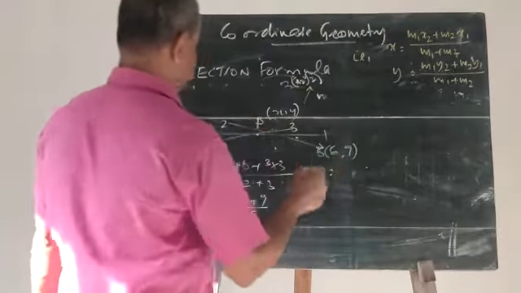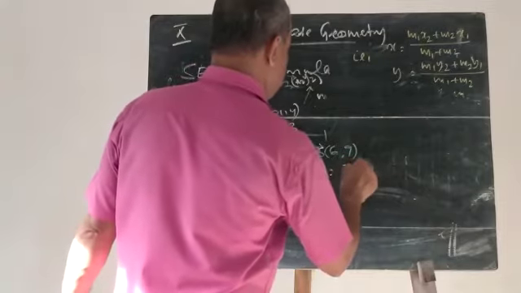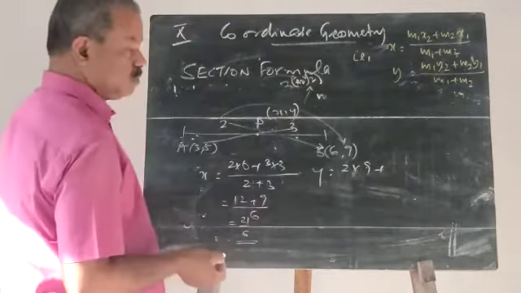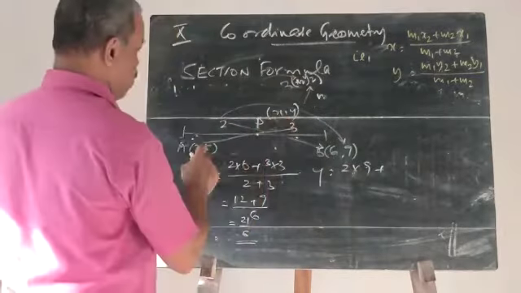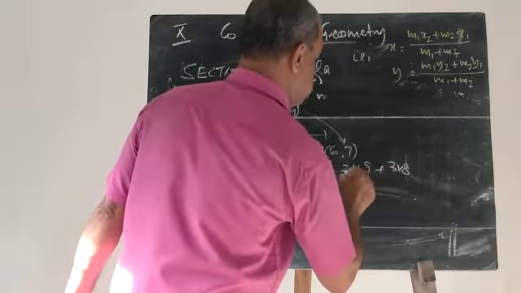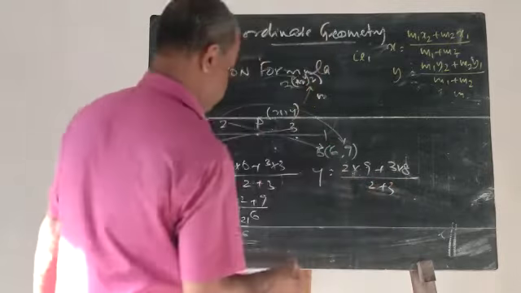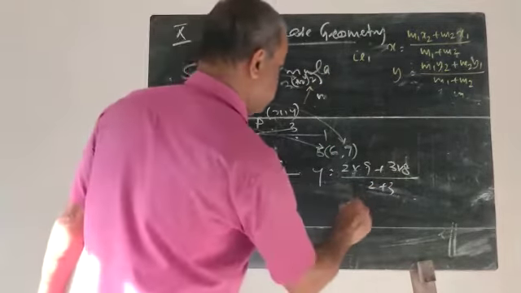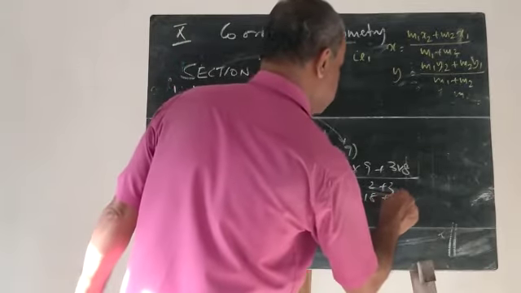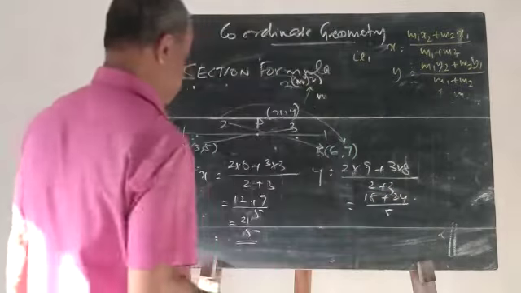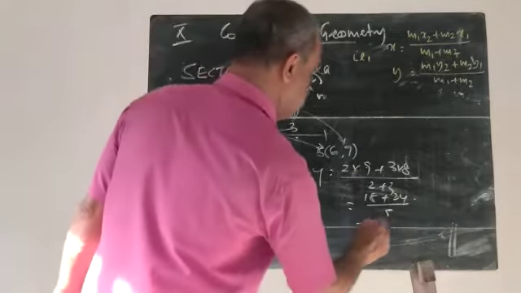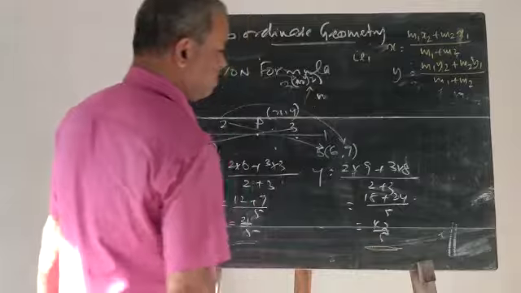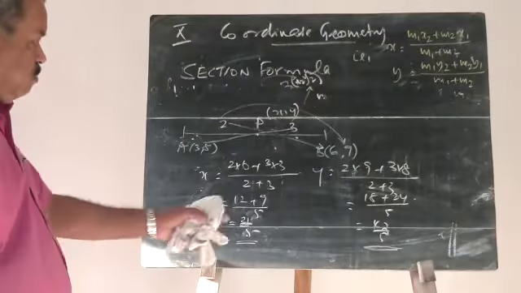Y coordinate is (2 into 9 plus 3 into 8) by (2 plus 3), which is (18 plus 24) by 5, 42 by 5.